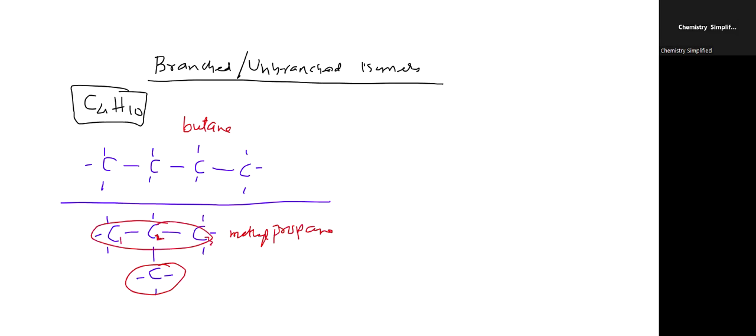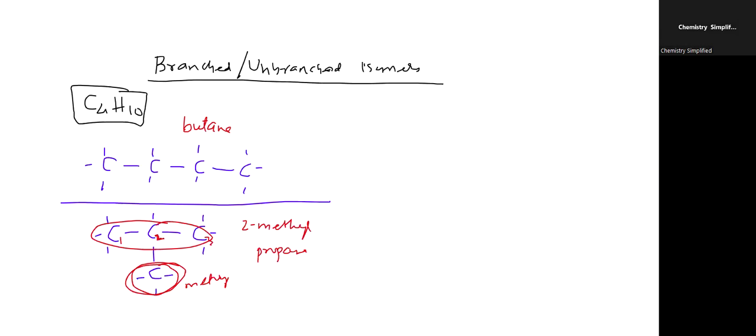So this methyl branch is bonded to carbon number 2. So I can say that it is 2-methylpropane. That is the name.